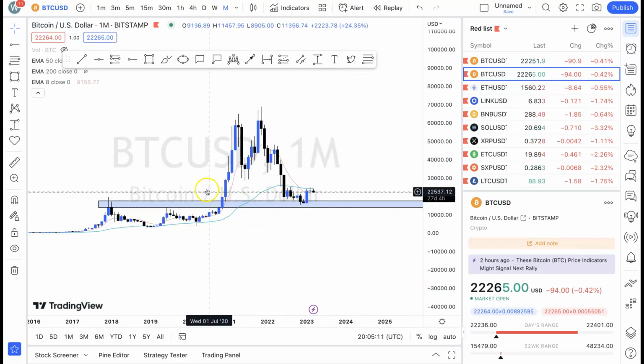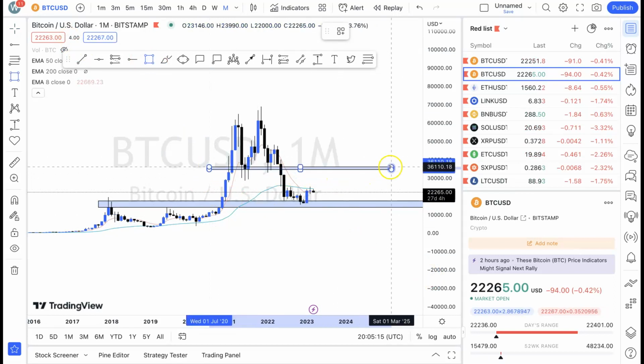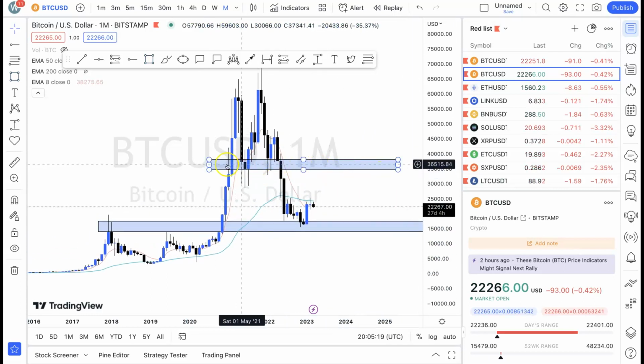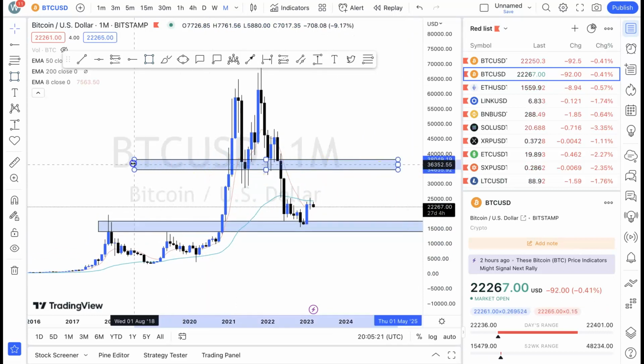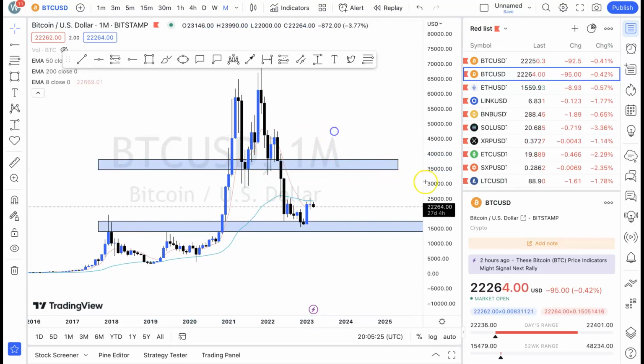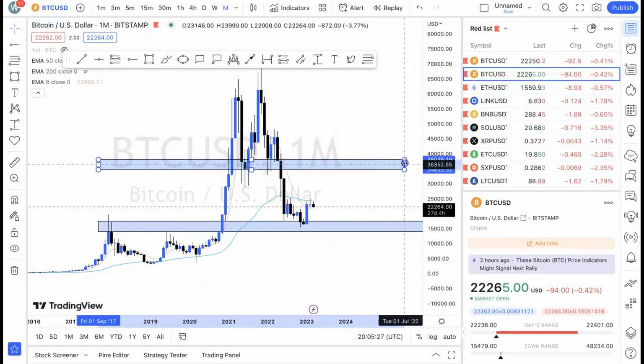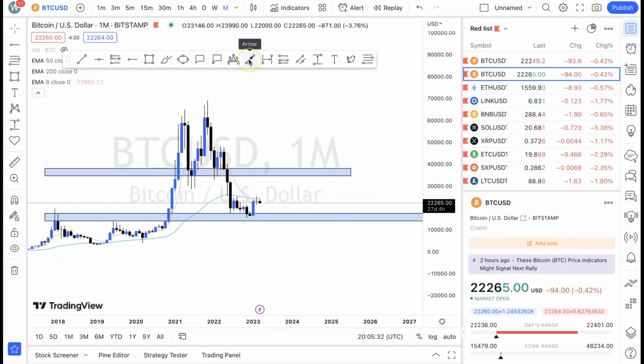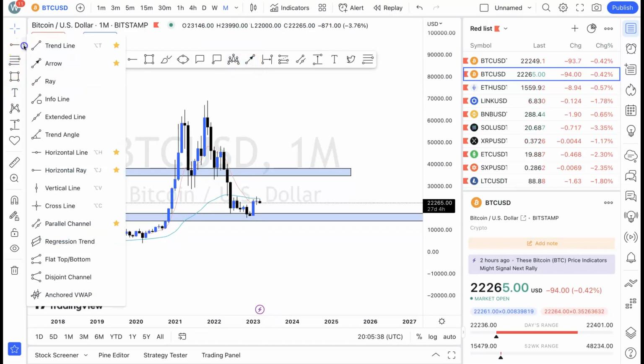From where I stand, this is a massive level on the monthly. That's the next big level on the monthly that I'd like BTC to come into. So there's still a lot of room for price to push higher.